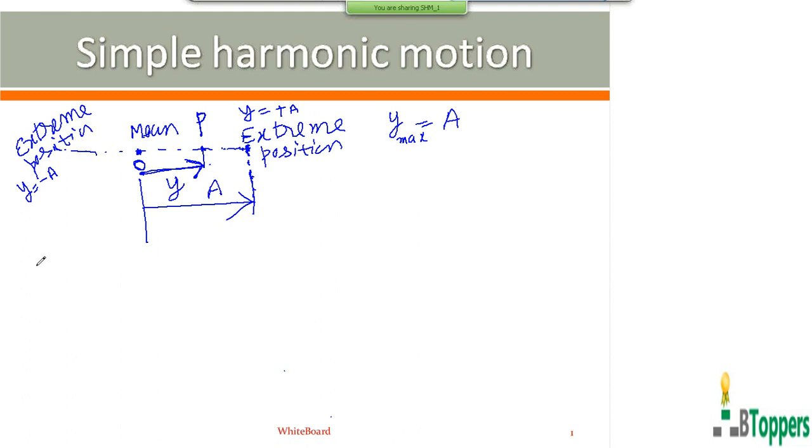As I discussed in the previous class, the external force acting on the particle in linear simple harmonic motion at any instant can be written as F proportional to minus y, or F equal to minus ky.